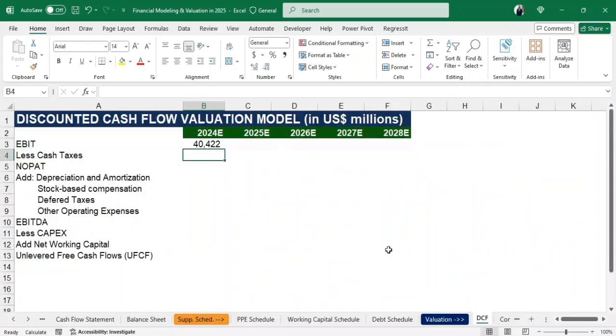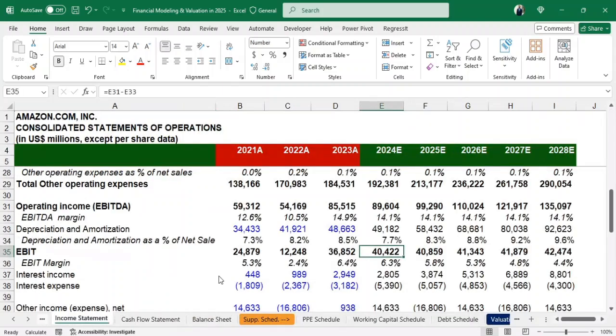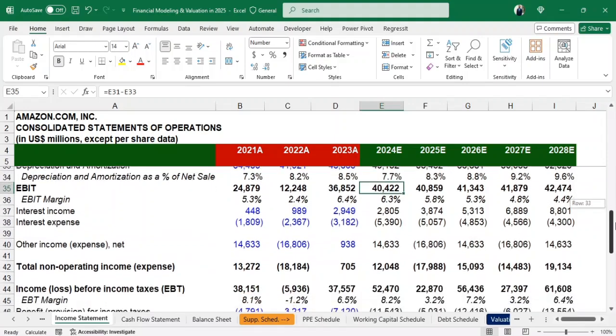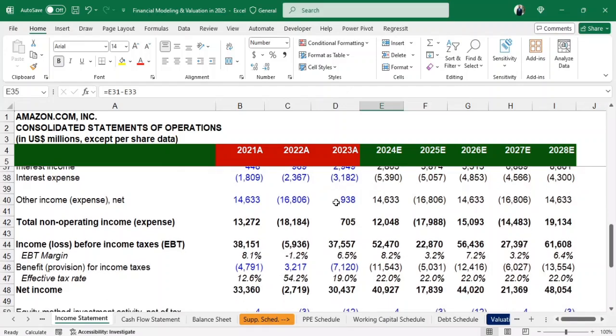Now, when it comes to the cash taxes, you need to be very careful. The taxes we are talking about here are not the income statement tax. All right, because the income statement tax was calculated on earnings before tax, which is EBT, as you can see here. But we are talking about earnings that do not take into account interest.